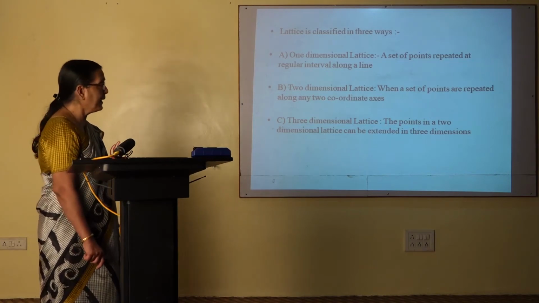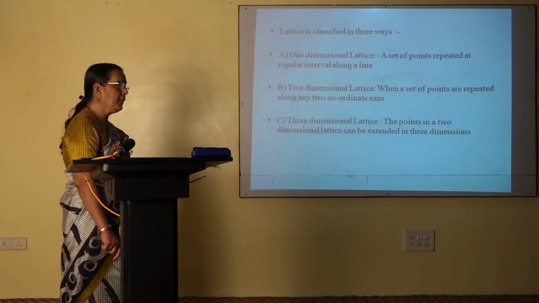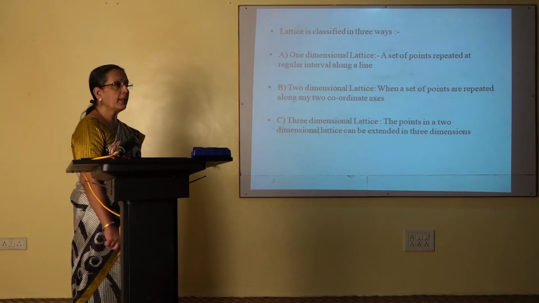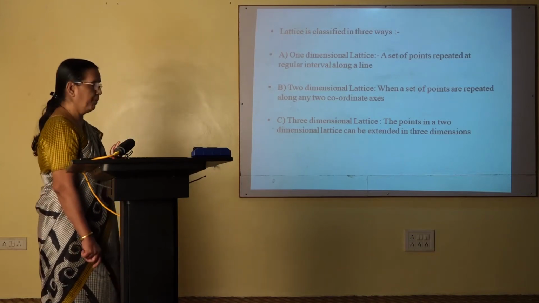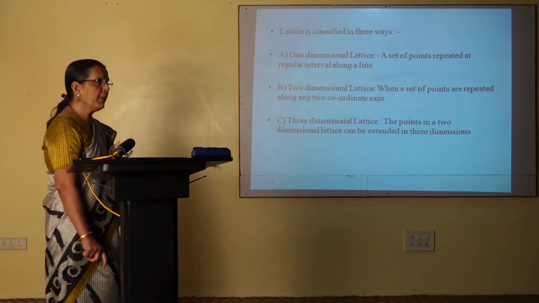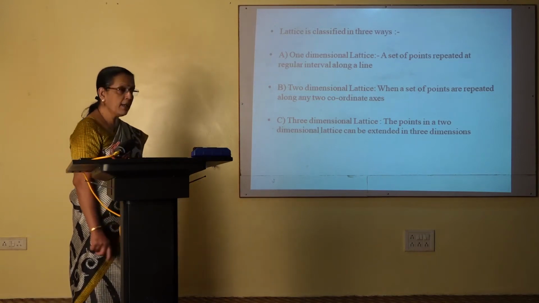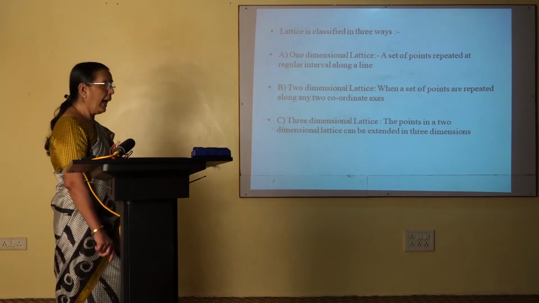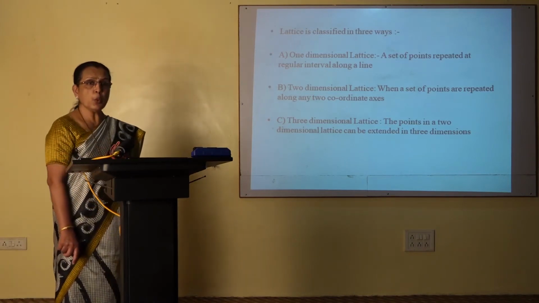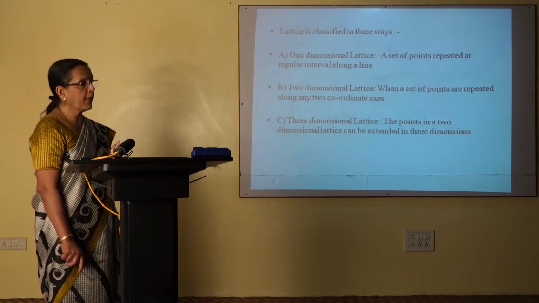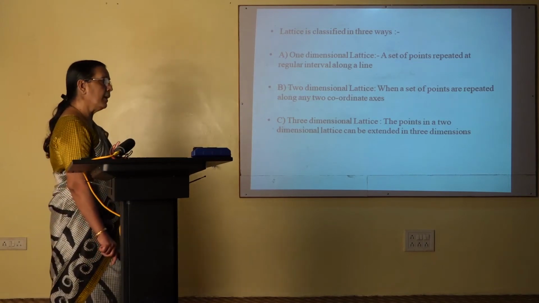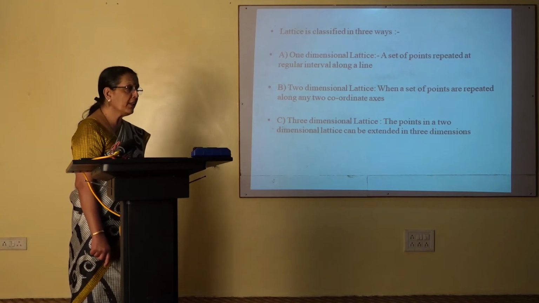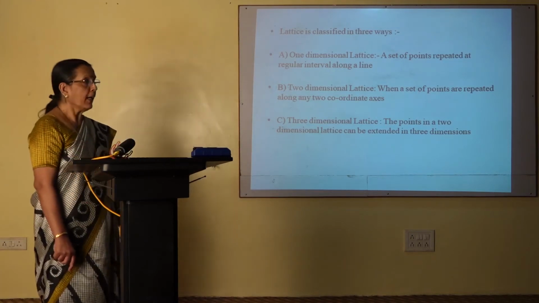First, tetrahedral holes. These holes are surrounded by 4 spheres. That is, the coordination number of a tetrahedral hole is 4 and the hole is marked by the letter T. See the figure, that is the tetrahedral hole.